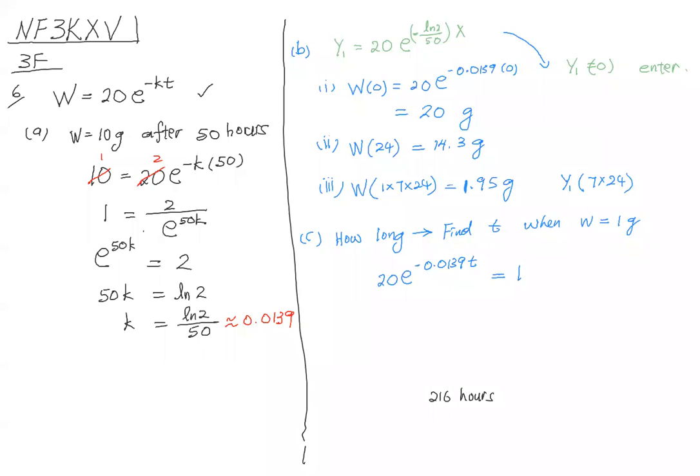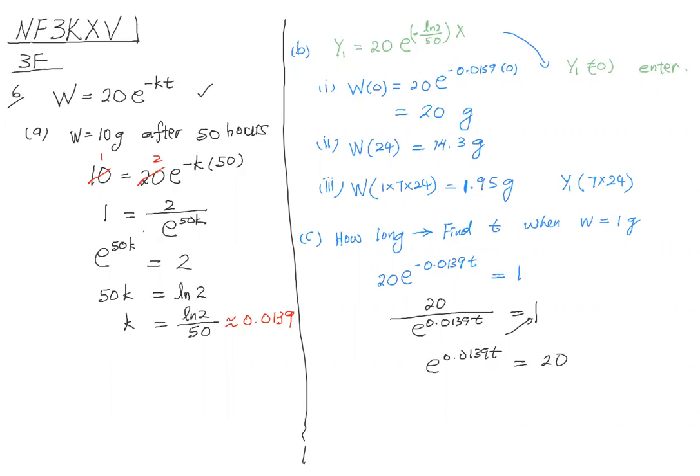So I assume you all know how to get the answer, but I will explain again. I told you already, if it's a power negative, I prefer to write it as 20 over e to the power of 0.0139 t equal to 1. So cross multiply: e to the power of 0.0139 t equal to 20.